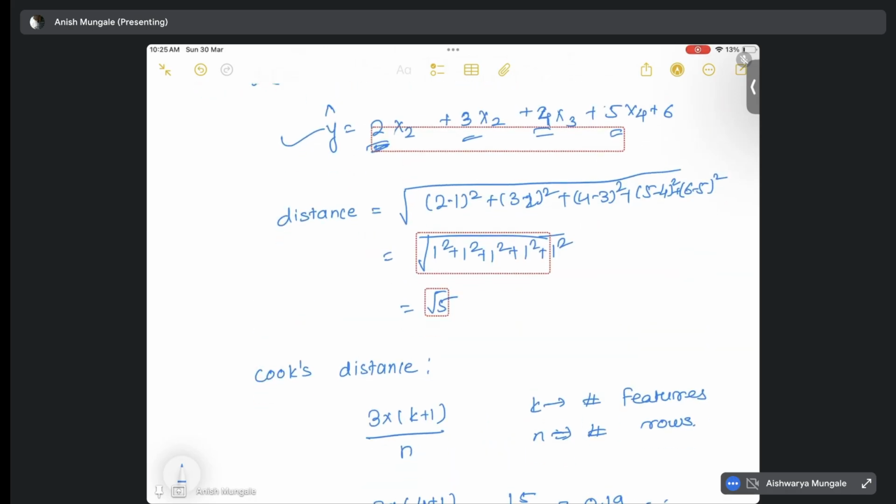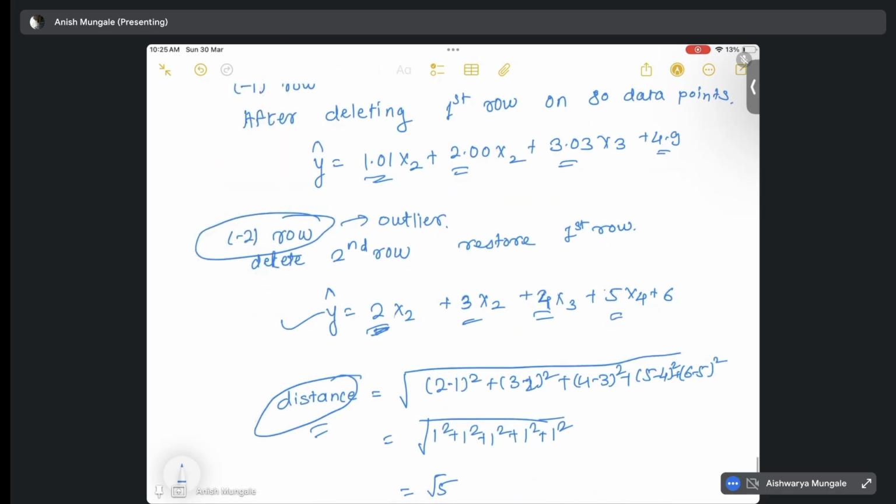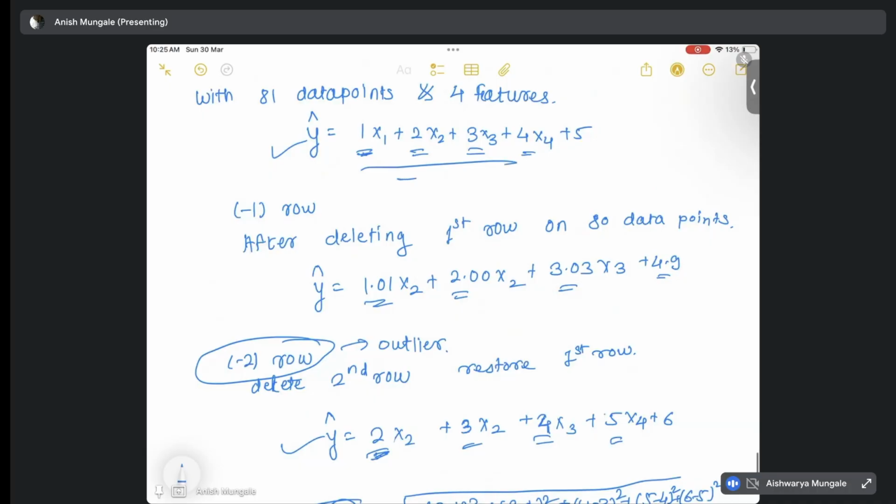So this distance that you calculate, this is with the entire data set, correct?